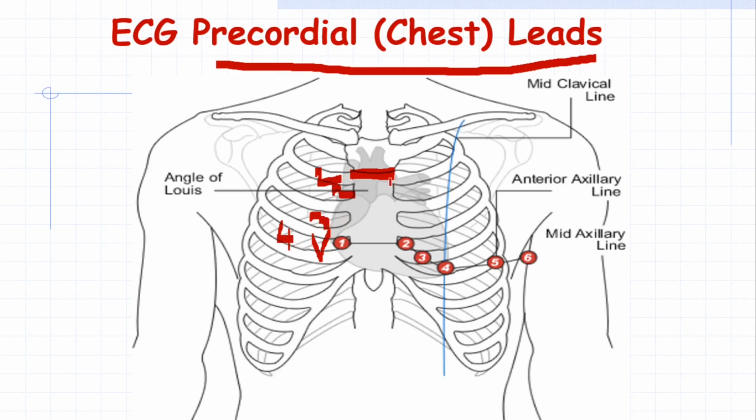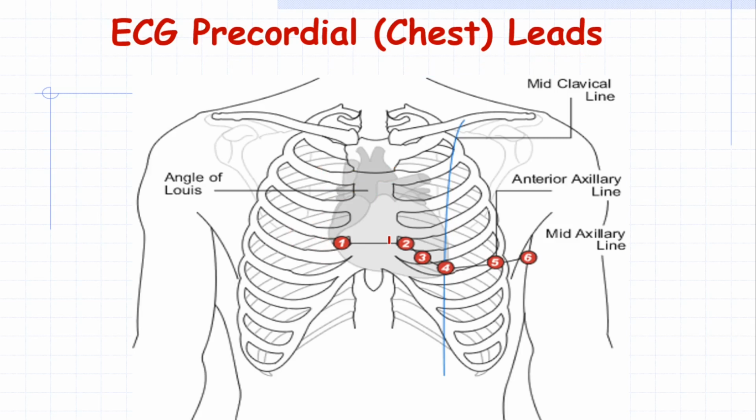This is how we can palpate the various intercostal spaces by this landmark, that is sternal angle. Okay. So this is the V1 that is kept at the right 4th intercostal space lateral to the sternum.